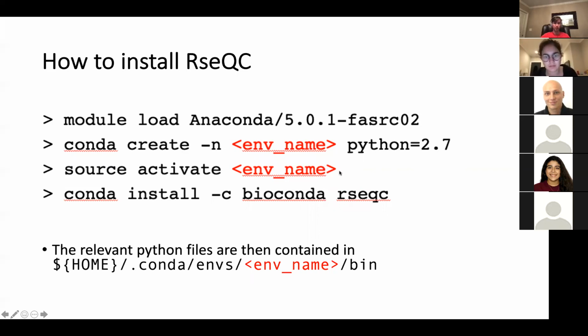To activate that environment, you type source activate environment name. Then in that environment, you type conda install bioconda RSeQC. This should write files to your home directory. The relevant Python files, tin.py and genebody_coverage.py, are contained in this path.